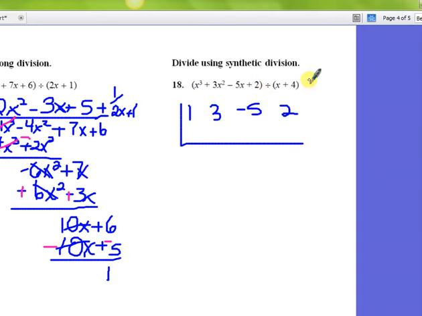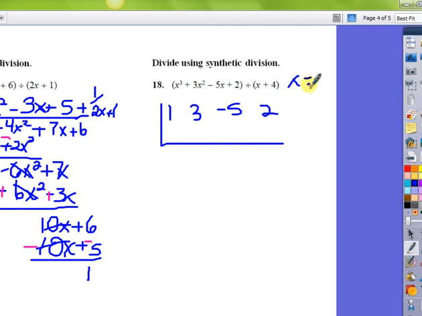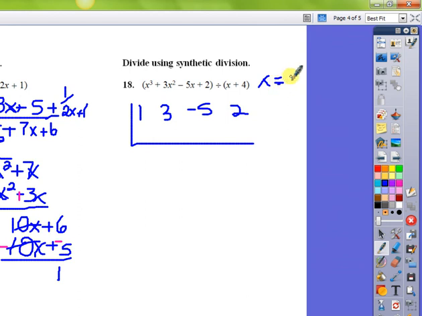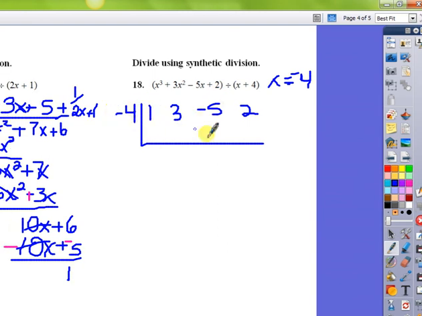Next, I'm going to put a number over here at the side. If this is the factor, then x equals -4 is the number that goes over here. So you want to solve for x to get the number that goes over here.